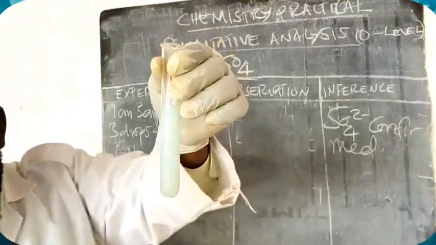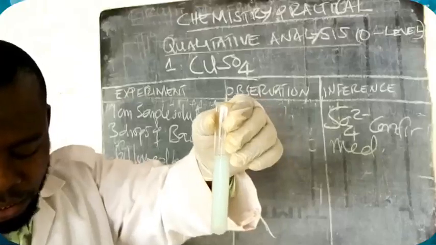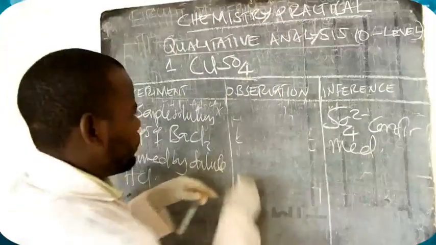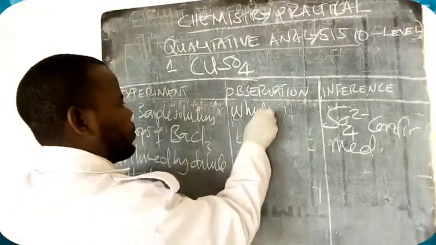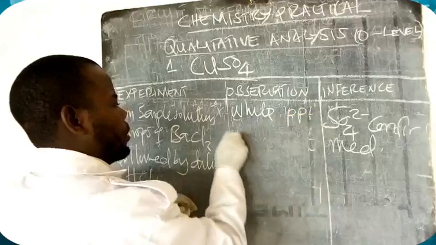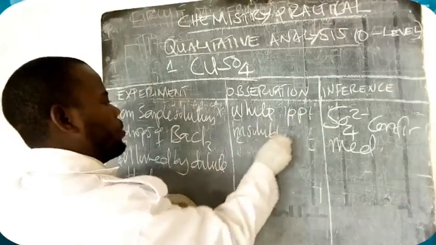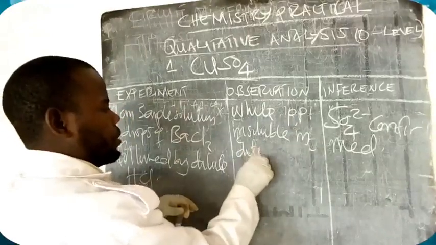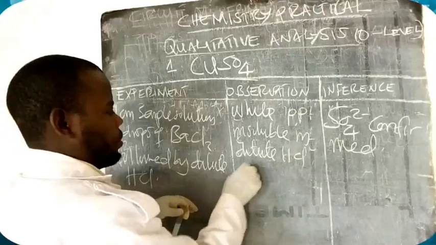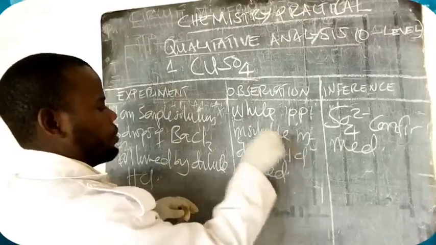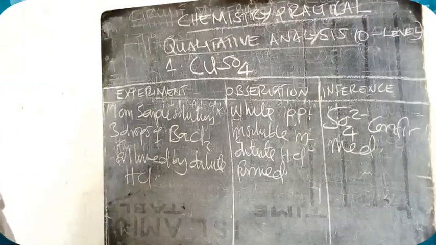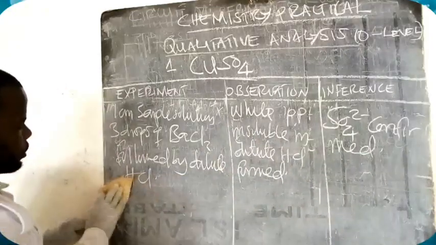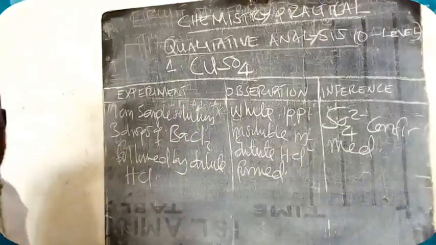So the observation shows a white PPT, insoluble in dilute acid. Now sulphate is confirmed.